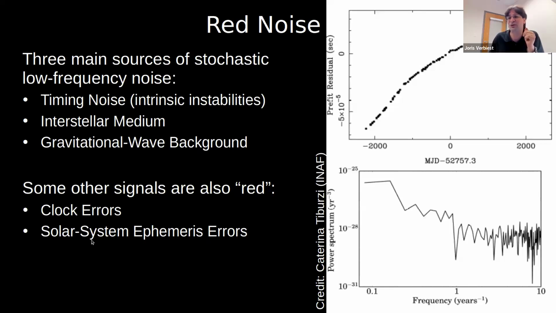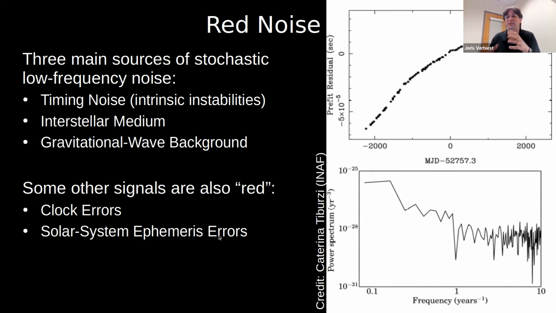Two other phenomena that could be red, but not necessarily, but that are correlated between pulsars, are errors in the clocks. So if your time standard is off, then it's off for all pulsars equally, and therefore it would be a monopolar correlated signal where every pulsar shows the same mistake. And so in that case, the timing residuals would be positively correlated for each pair of pulsars that you correlate.